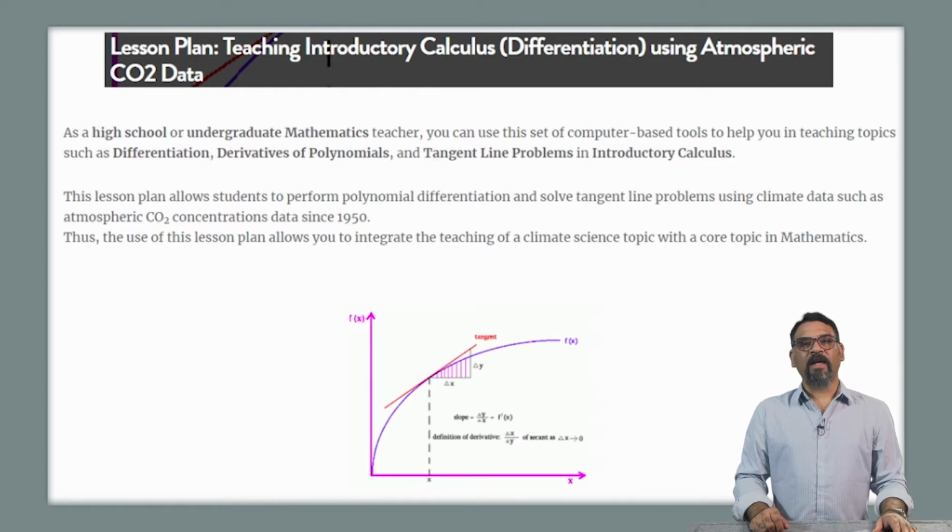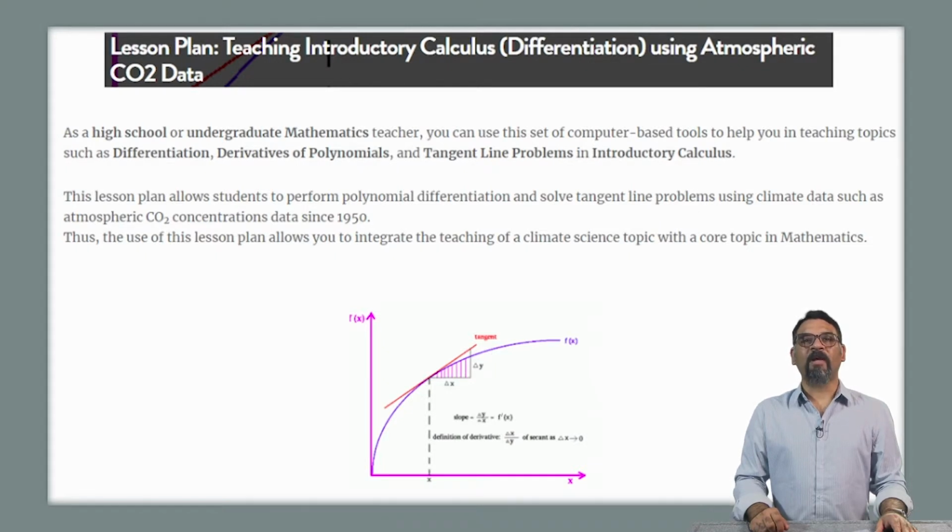A lesson plan titled Teaching Introductory Calculus, in this case differentiation, using atmospheric CO2 data. As an undergrad math or statistics teacher, you can use this lesson plan to teach your students about differentiation, derivatives of polynomials, and the tangent line problems in your introductory calculus course.